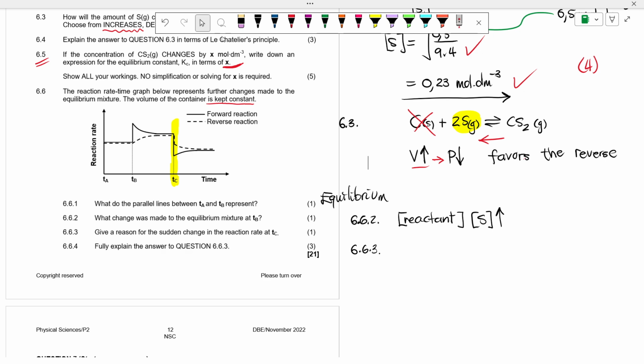Yeah, think about it. TP is constant. TC is temperature. That transition there, it's temperature.